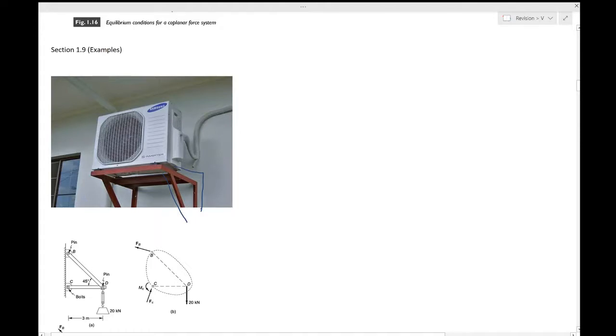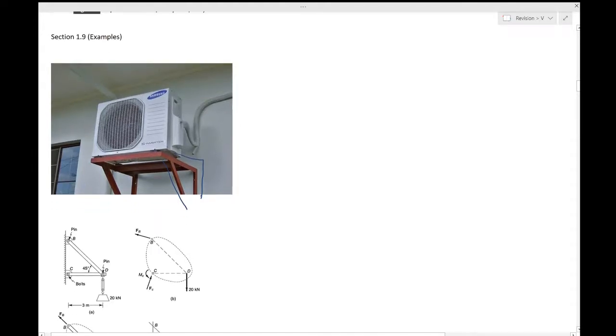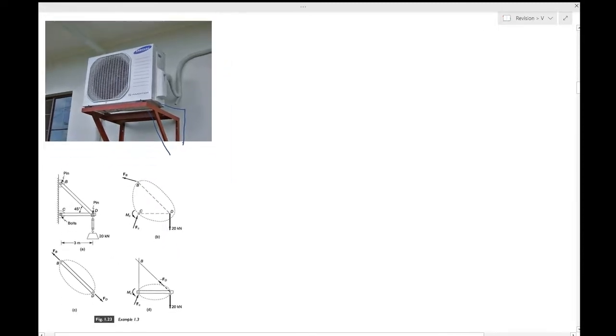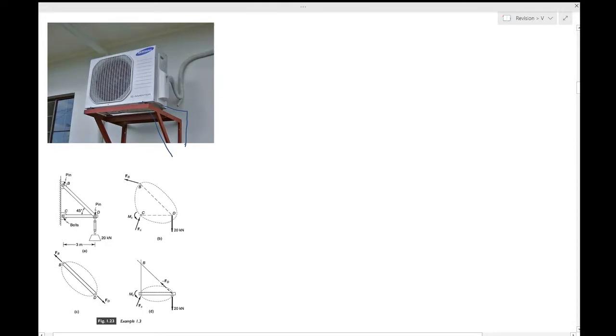You have a simple triangular frame which is shown in figure 1.23. This shows you a single triangular frame, and then it is used to support a small chain hoist.